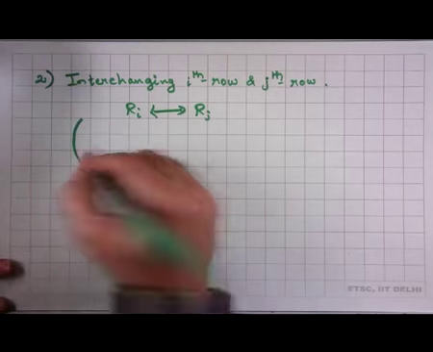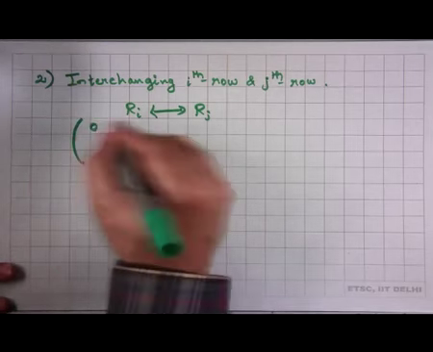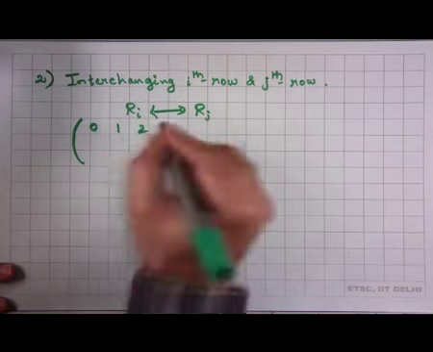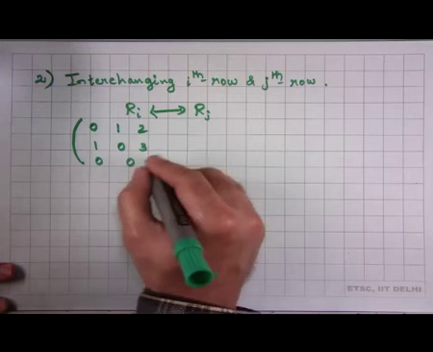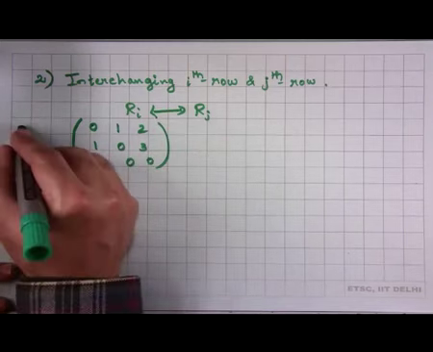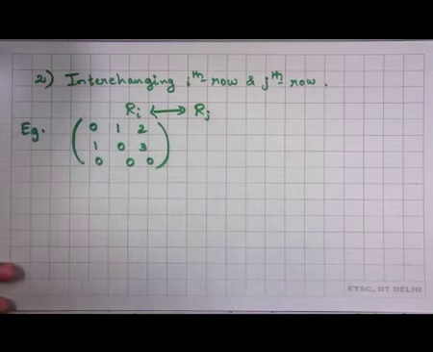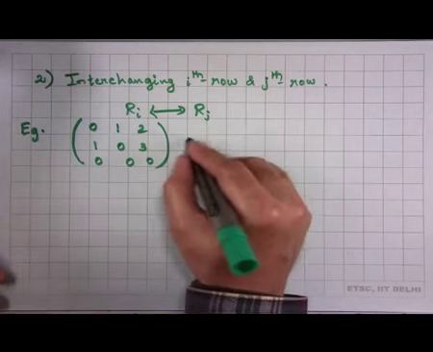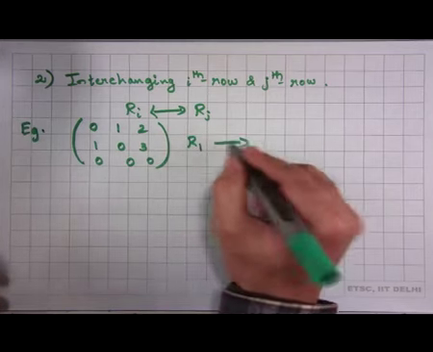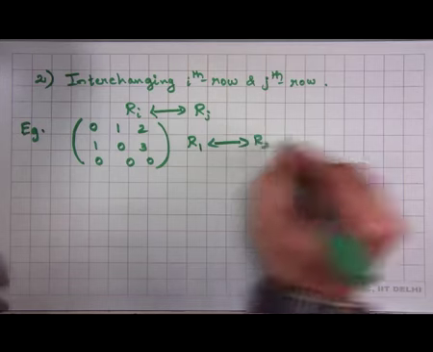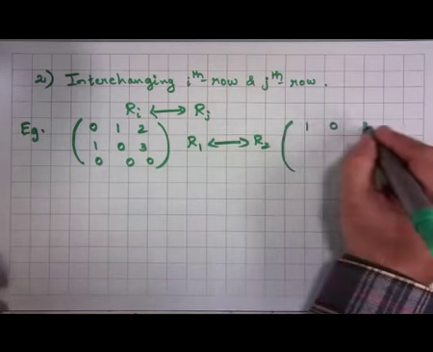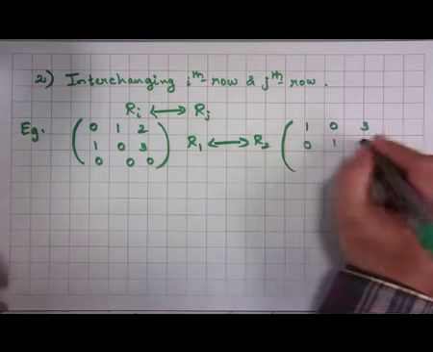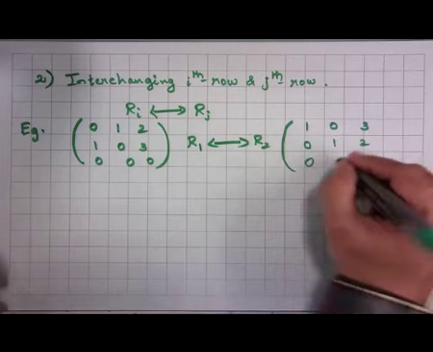So, let us look at one example: 0, 1, 2, 1, 0, 3, 0, 0, 0. So, what is it that we are going to do? We are just going to swap R1 and R2. And what will you have if you swap: 1, 0, 3, 0, 1, 2, 0, 0, 0.